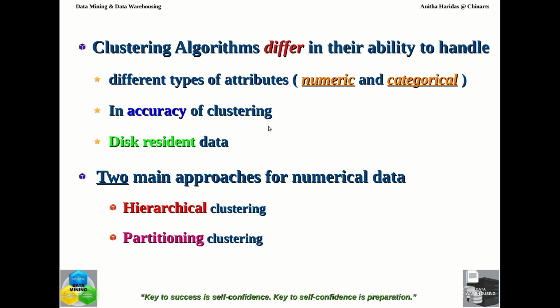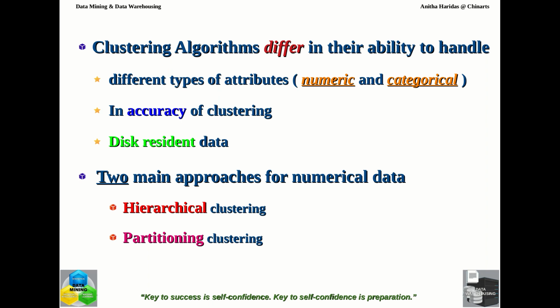And they also differ in the accuracy of clustering. So some clustering algorithms give you 90% accuracy, some give you 96% accuracy, and some of the algorithms may give only 60 to 70% accuracy, etc. So based on the accuracy also the algorithms differ, and based on how they are going to handle the disk resident data, because the transaction database will be generally a very large database.